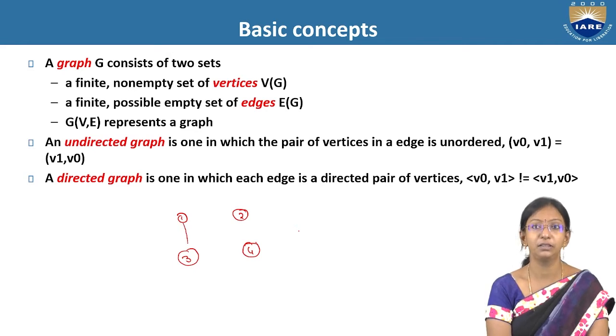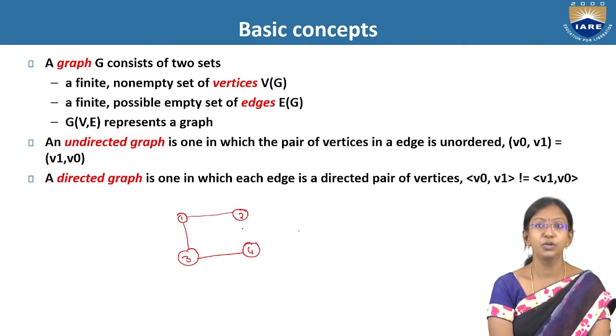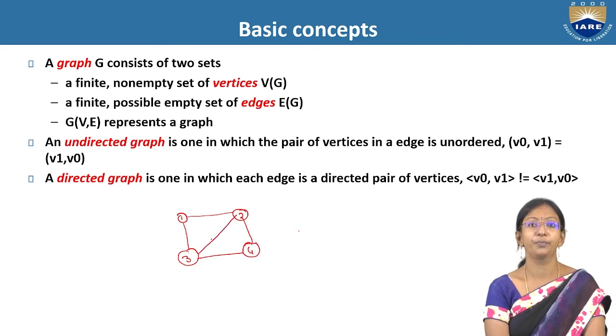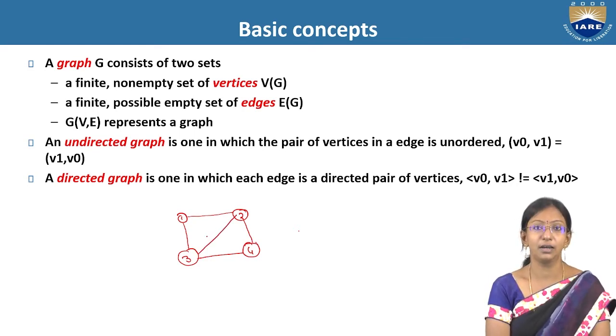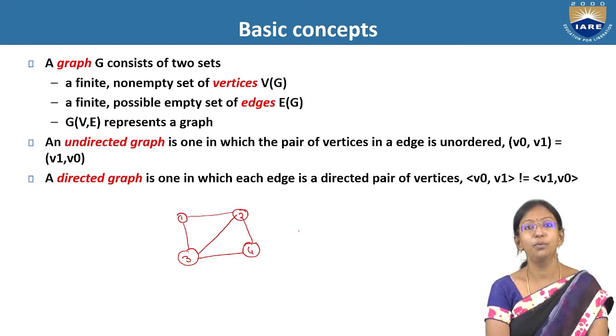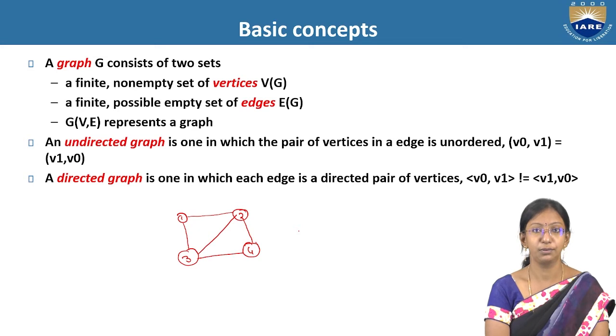We can call them in either way. So here 1 is related to 3, 3 is related to 4, 1 is related to 2, 2 is related to 4, 3 is related to 2. So this is a graph where each node is related to more than one neighboring node.